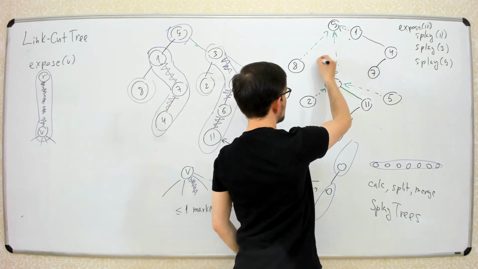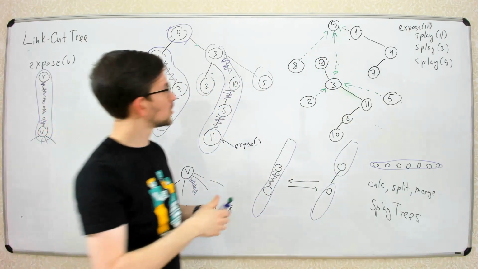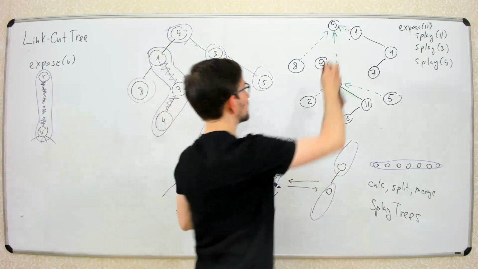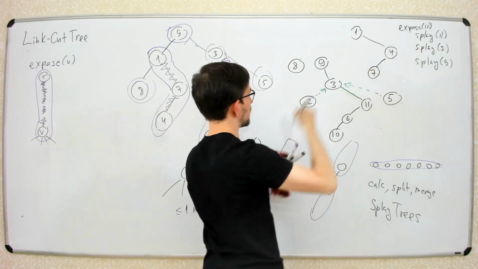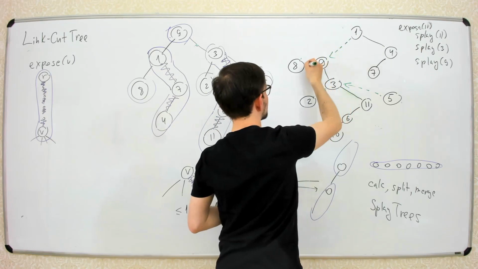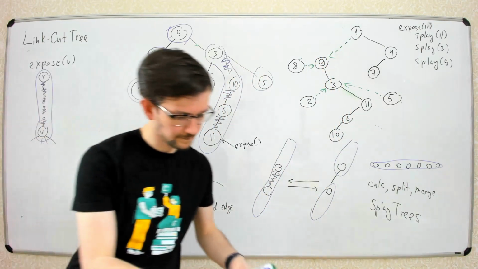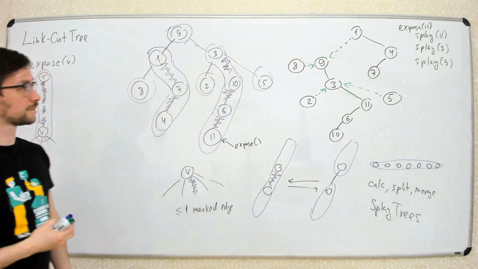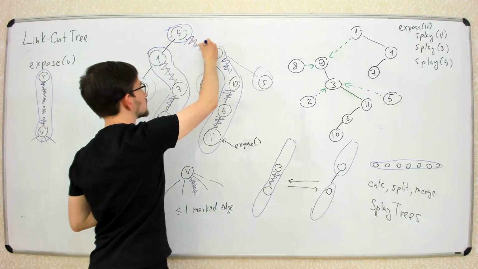Let me move 9 here. So this 3 will be a right branch of this 9. Okay, this picture is a little bit messy, but fine. Like this. That's all. Now this edge is marked.